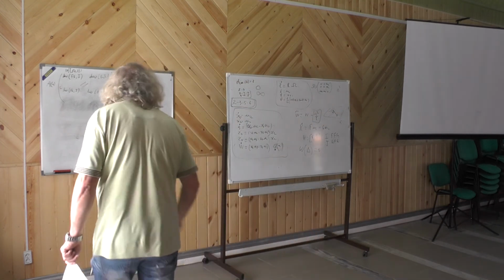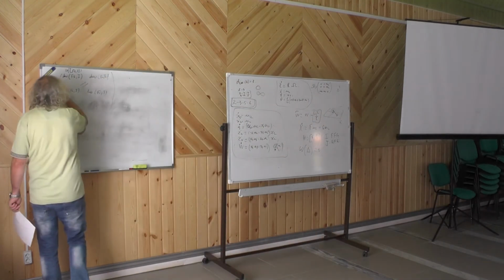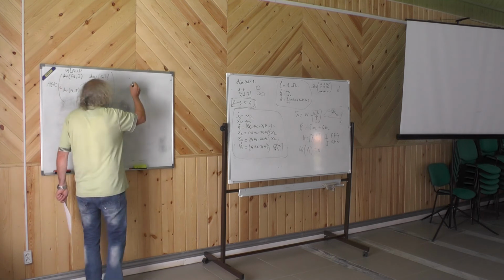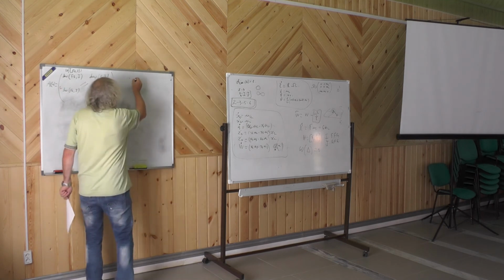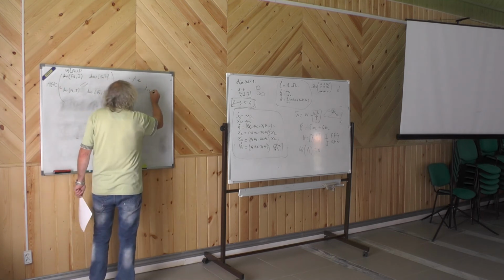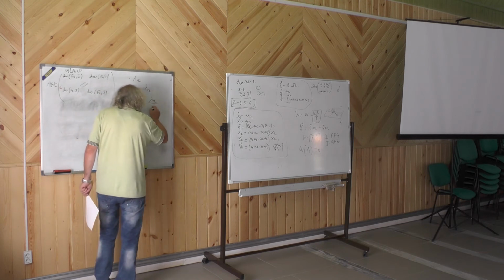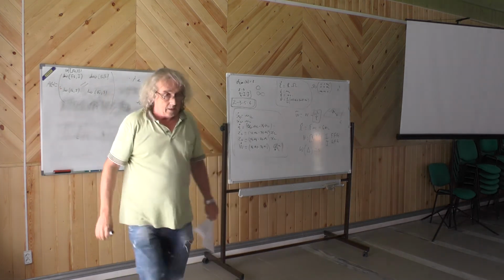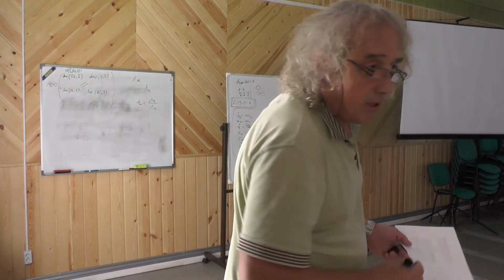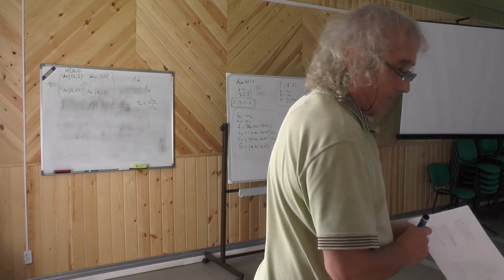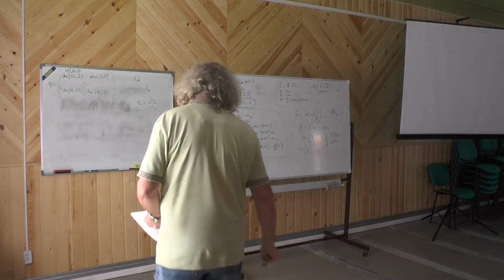You have a symmetric matrix, and this symmetric matrix has two real eigenvalues, lambda 1, lambda 2, and you can prove that the ratio R equals lambda 1 over lambda 2 is an invariant of the problem.